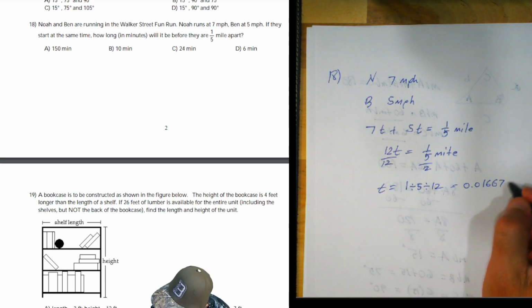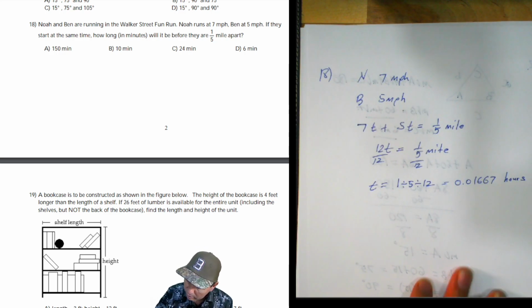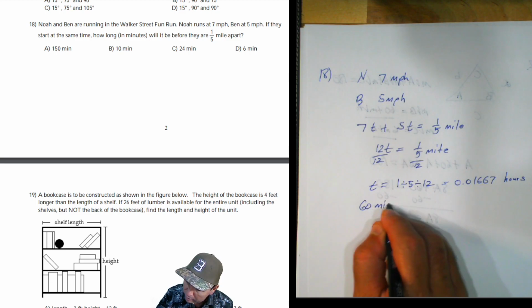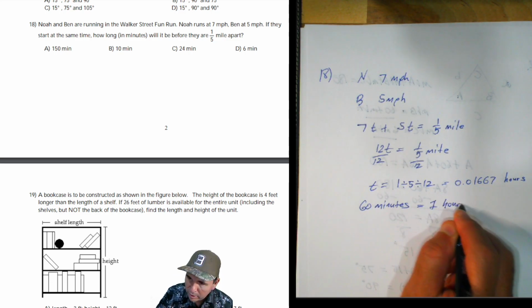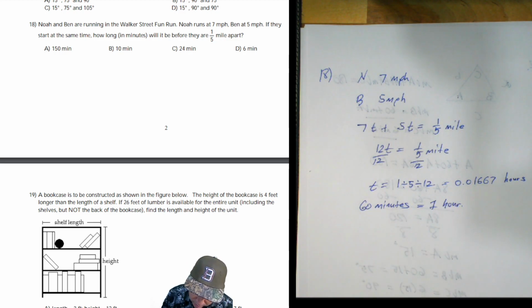Because this is in hours. So what do we do? Well, hours times 60. There's 60 minutes in an hour, right? So I got to take the 60 and multiply by that. So 0.0167 times 60.